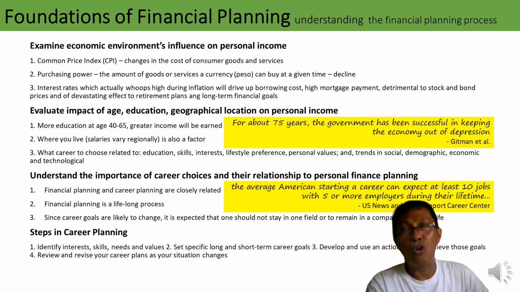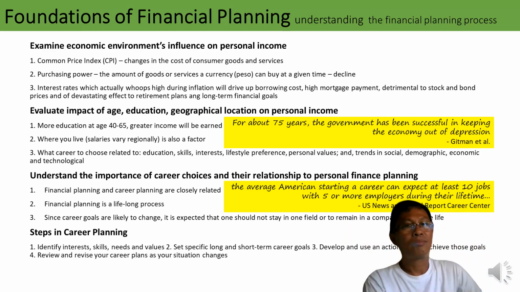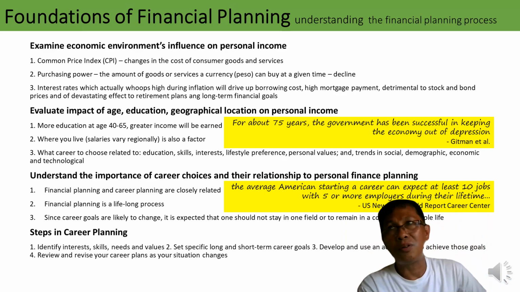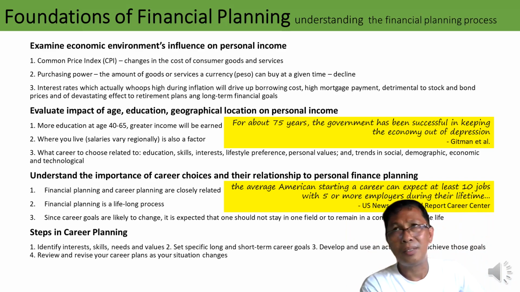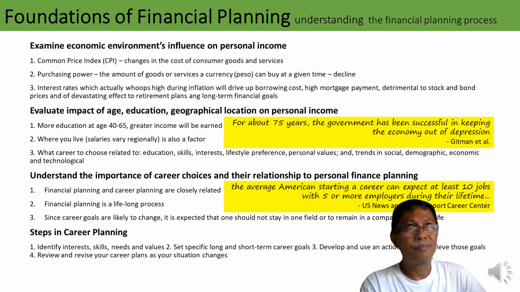2 pirasong tinapay na tig-5 piso. Then, what do you think? Will it be enough for your meal? Maski single meal lang, yung 10 piso? And that is what we mean by purchasing power. Kapag mataas ang CPI, mababa ang purchasing power.